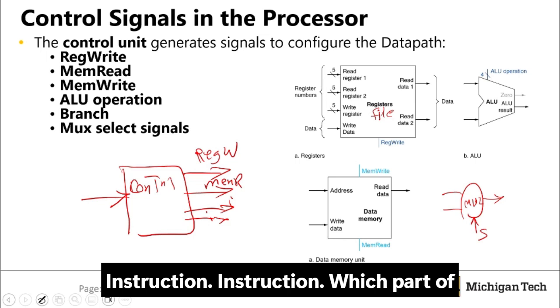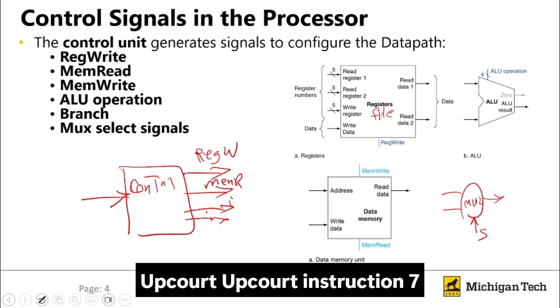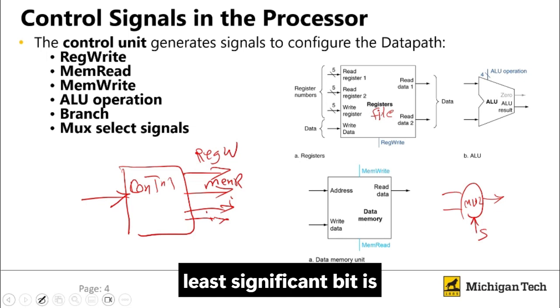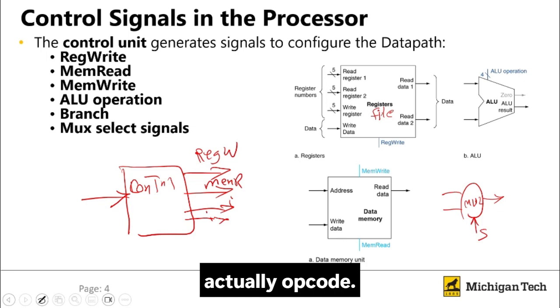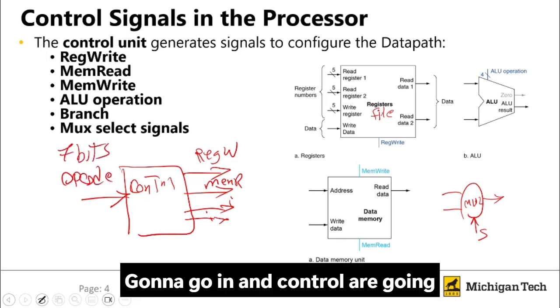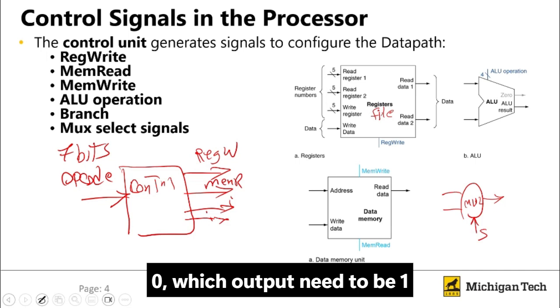Instruction. Which part of the instruction? Opcode. The opcode of an instruction is 7 bits in RISC-V, the first 7 bits, the least significant bits. The opcode, 7 bits, goes in, and the controller decides which output needs to be 0 and which output needs to be 1.